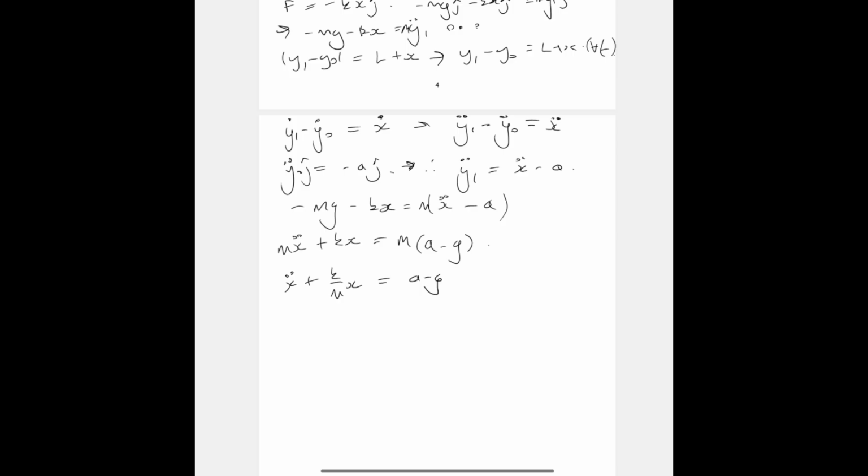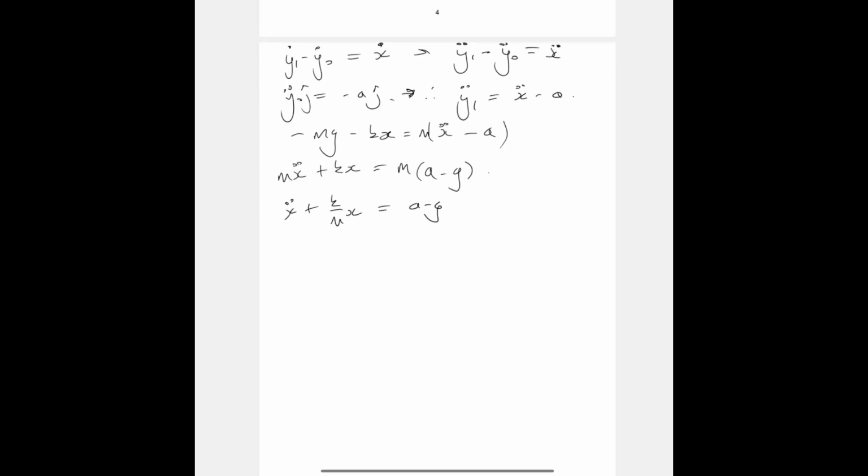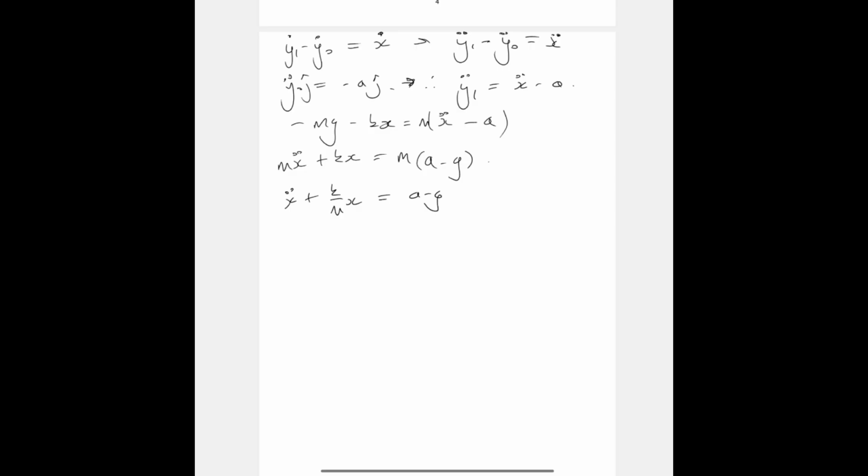If you do further maths and look into Core Pure 2, this is a second order non-homogeneous differential equation, and it'll explain to you how to solve it. I won't go into the general solution right now because it's a method that you just memorize, so there's not much to explain.